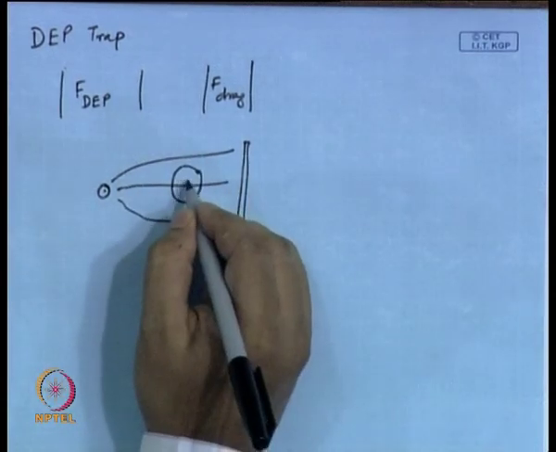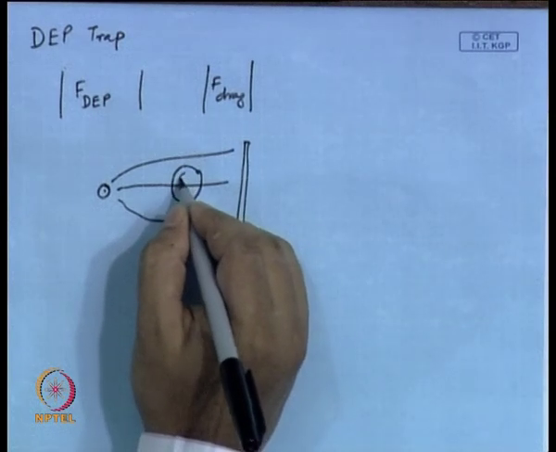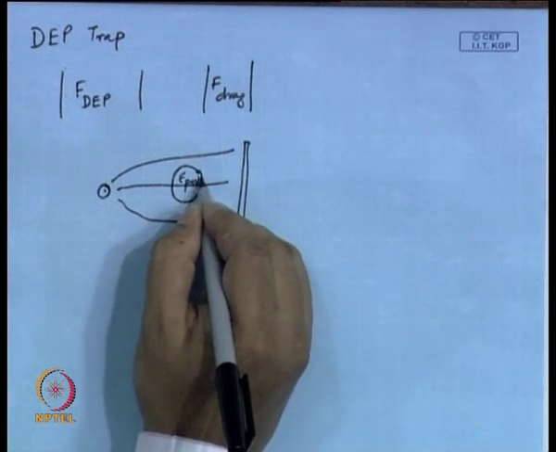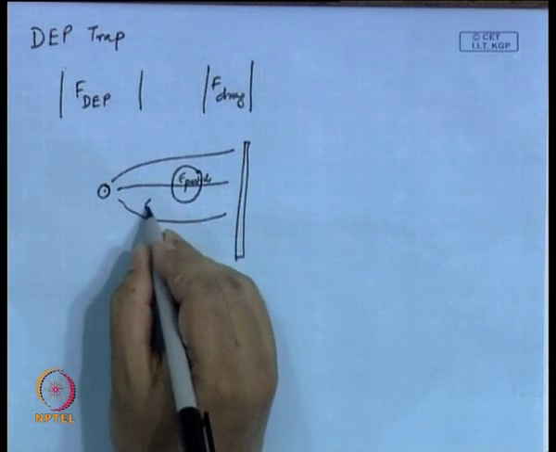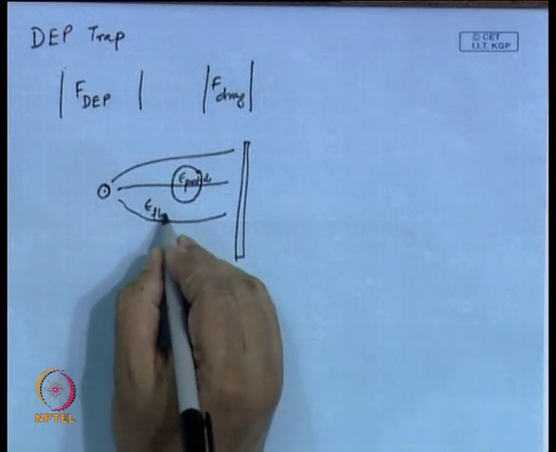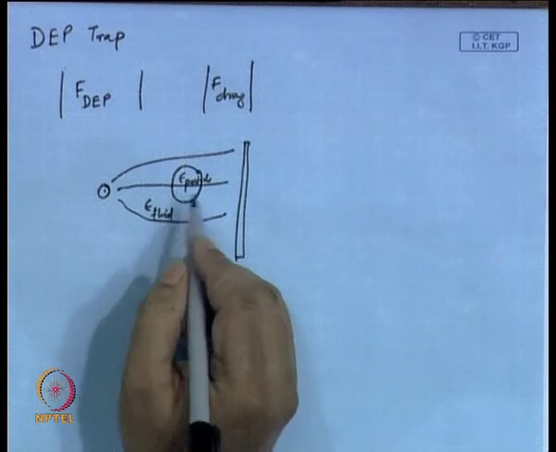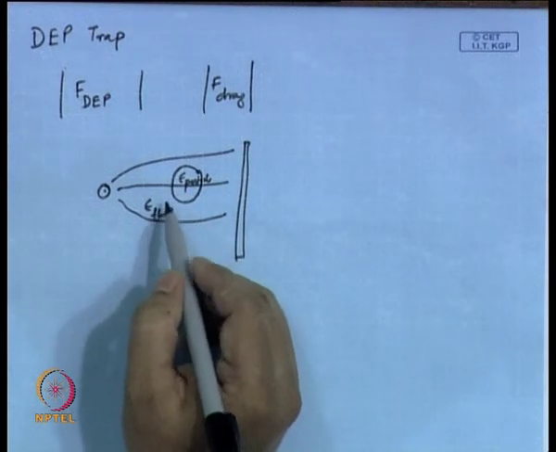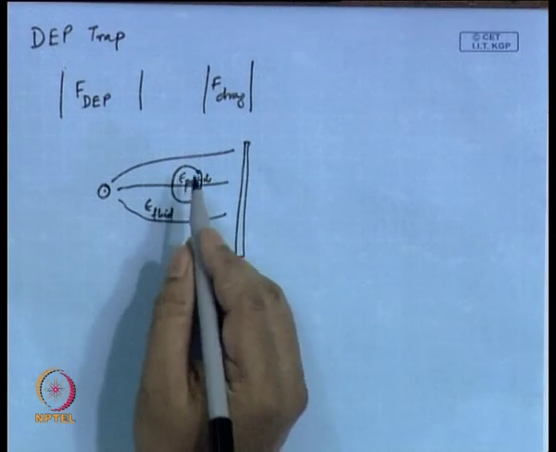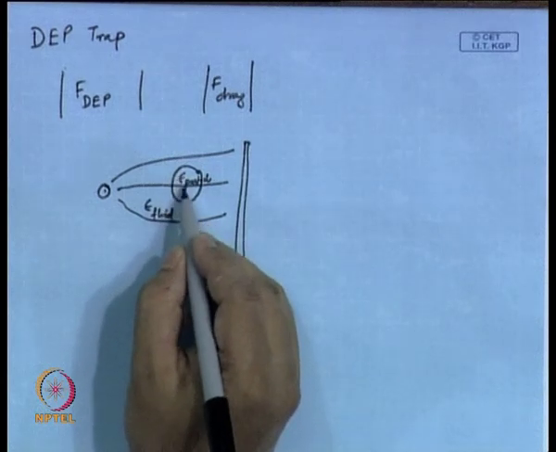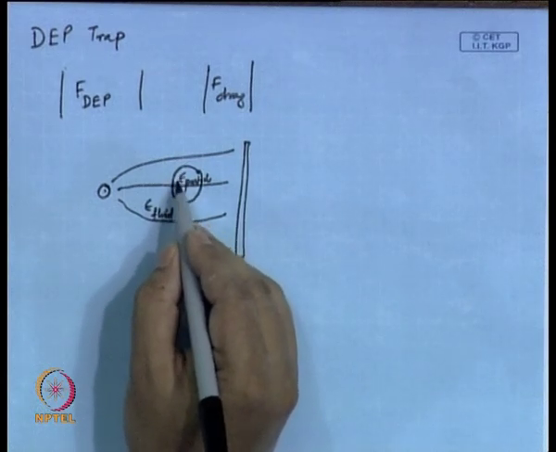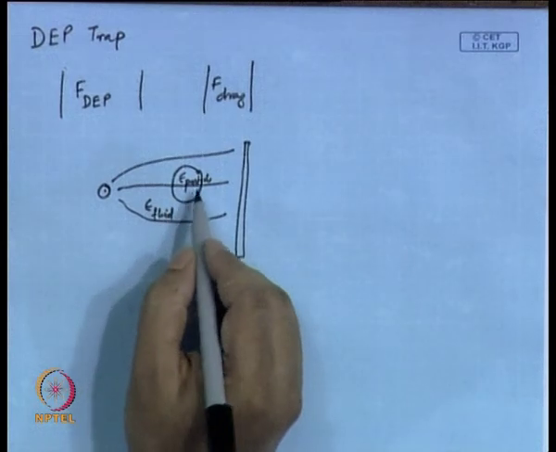Now, we said that this particle has an epsilon particle, the dielectric constant, and the fluid had its own epsilon fluid. If epsilon particle is more than epsilon fluid, then the particle would be more polarized. That means there would be more charges on the surface of this particle.